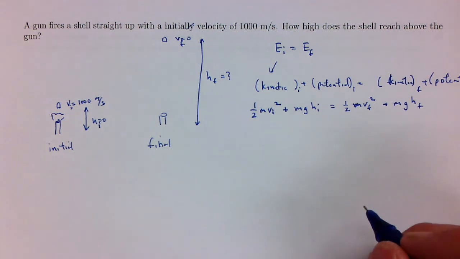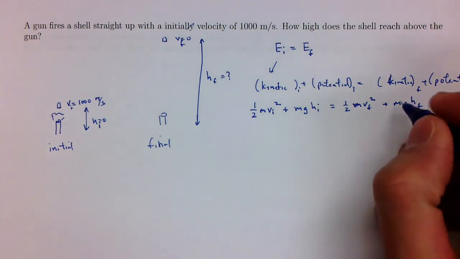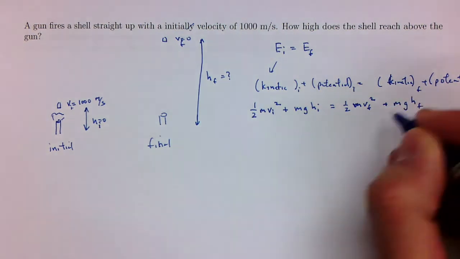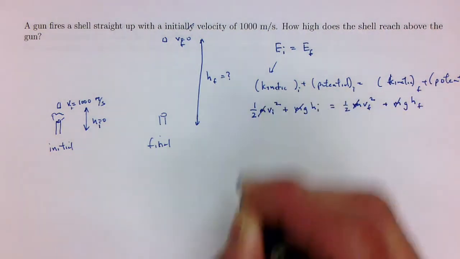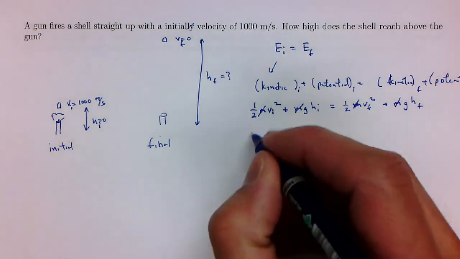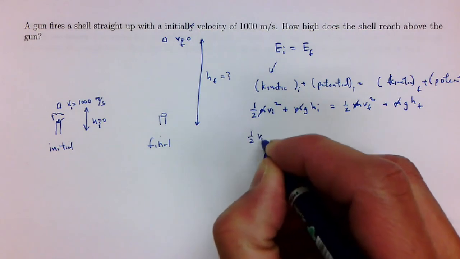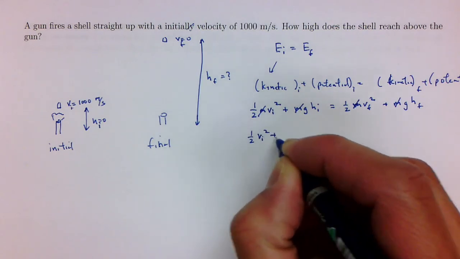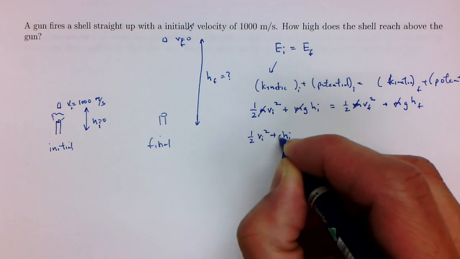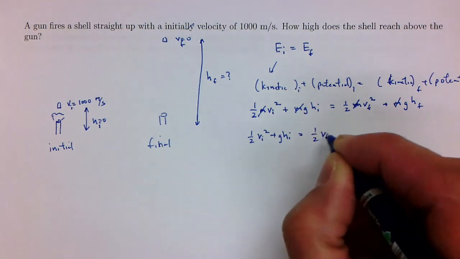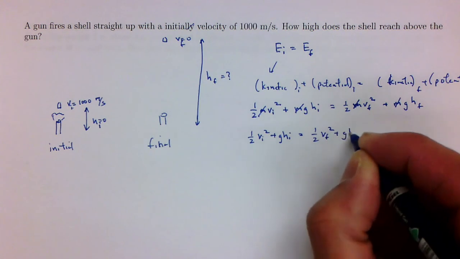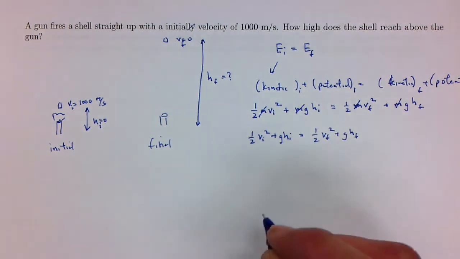Alright, so a little miracle happens now. You can notice you can divide by m on both sides, and that just cancels out all the m's. So what we have left is 1/2 vi squared plus g hi is equal to 1/2 vf squared plus g hf, the final height.